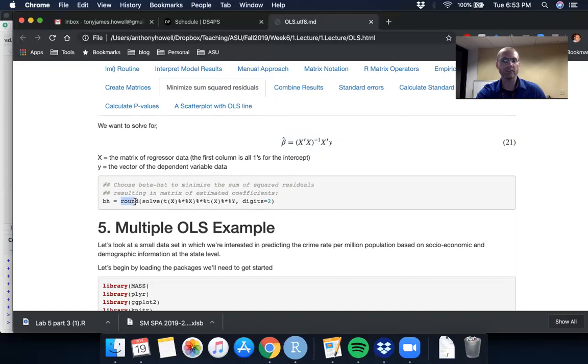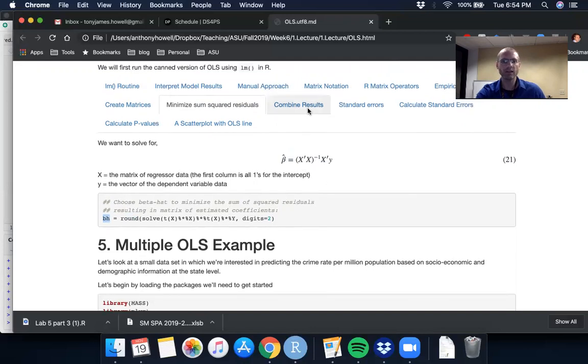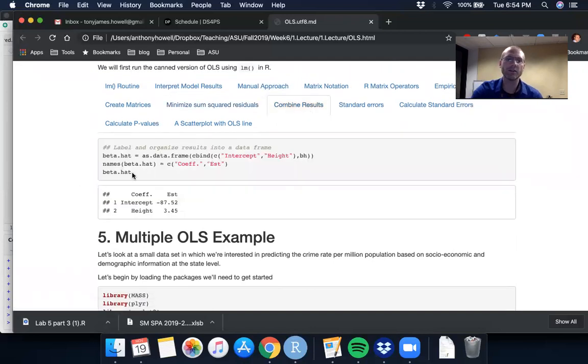So we can round this equation to 2 digits, and what we're going to get is our beta hats, okay? So if we want to combine our information, we'll cbind the information in beta hat, and we're going to label the first value in beta hat as the beta point estimate for the intercept, beta 0, and then the beta 1 point estimate for height.